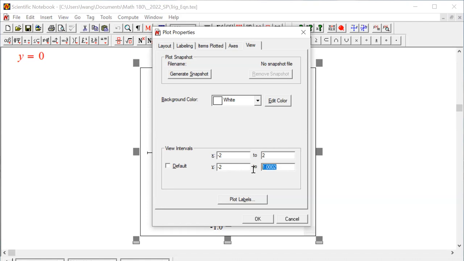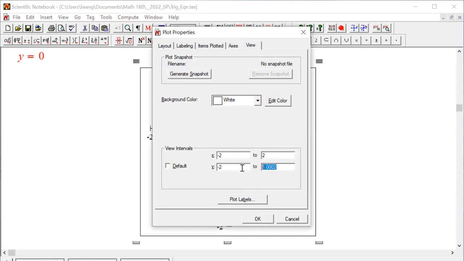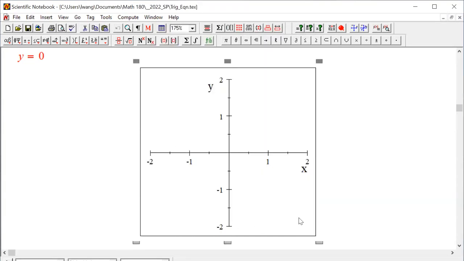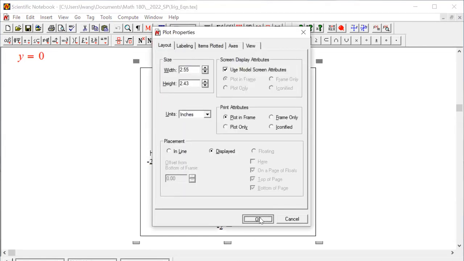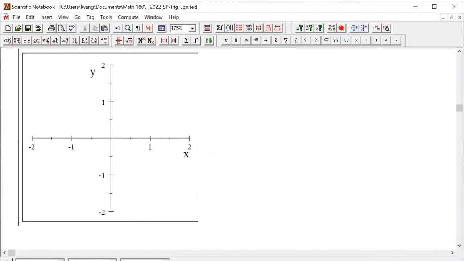You handle it the same way. Oops, what did I do here? Oh, there. I just want to have a nicer picture. So we get this rectangular system, and what do we do about it?